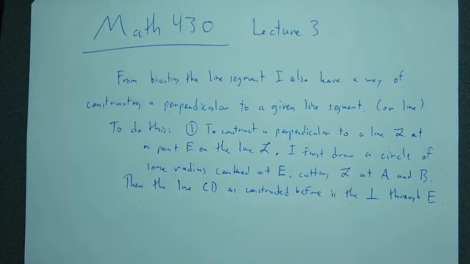So that's the way to do this if you want to construct a perpendicular to a line at a point E on the line. What if you want to construct a perpendicular to a line that passes through a point that's not on the line?